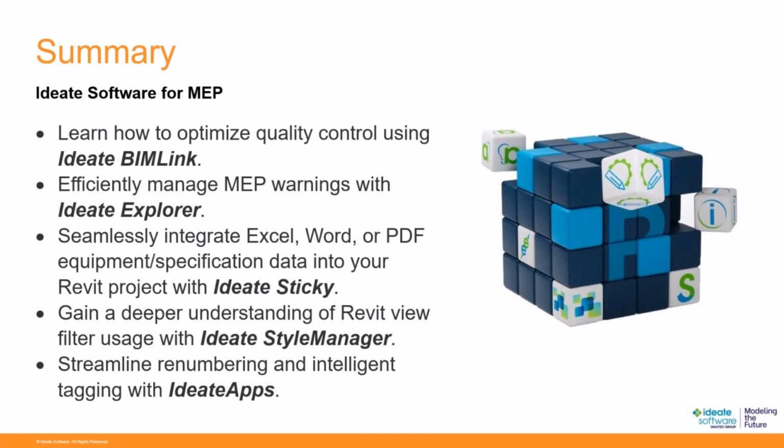The summary here is, again, very high level: being able to do QA, QC processes using ID8 BIMLink, managing almost every element within your Revit model with ID8 Explorer, and specifically warnings with ID8 Explorer, integrating Excel, Word, and PDF data with ID8 Sticky, and then understanding how you might have usage of Revit filters, view filters, or even view templates, parameters using ID8 Style Manager, and then streamlining renumbering, tagging, even visibility with our ID8 X-ray with our ID8 apps.